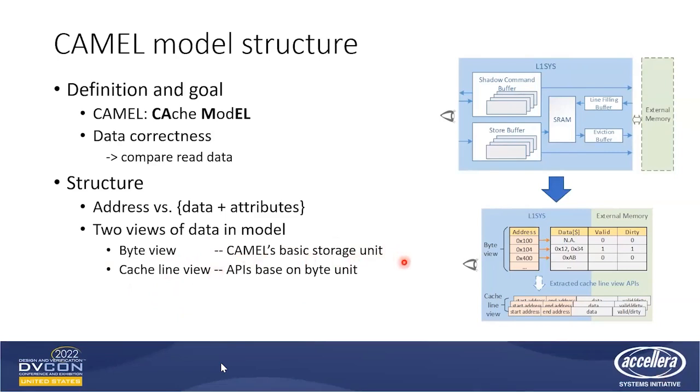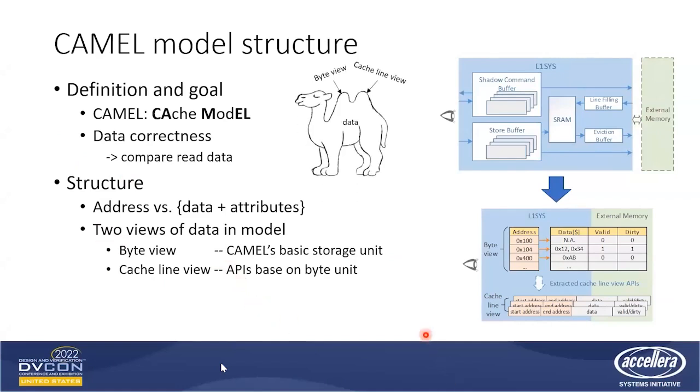When there are other operations like cache operations or cache updates that I just introduced, these data flow units are cache lines, and these will operate on the whole cache line. So the cache line view is also needed. And this view is achieved by the APIs in the CAMEL model.